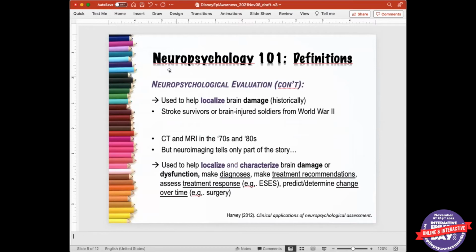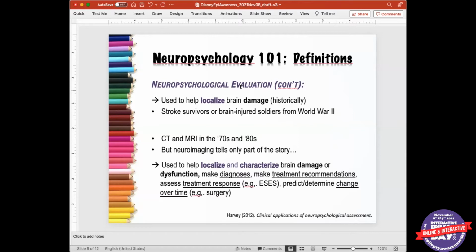Okay, so the actual evaluation itself. Historically, neuropsychology was used to localize brain damage. It's a pretty young discipline, but I'd say the mid-1900s is when it really came into its own, and a lot of those evaluations were aimed at helping people, for example, who had a stroke in a certain area of the brain.